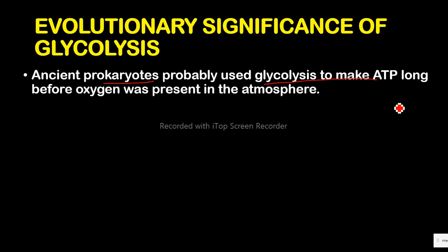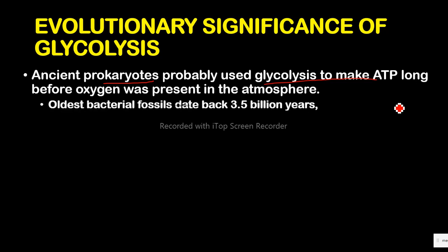Okay? If you do carbon dating and you date to around 2 billion years, I think I have the year here. Yeah, around 3.5 billion years ago, the environment had little or no oxygen. Why? Because we didn't have the photosynthetic organisms, the plants and the bacteria.